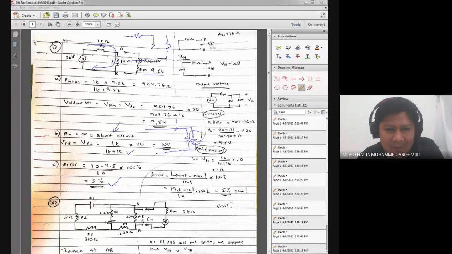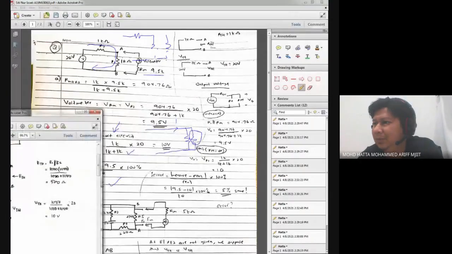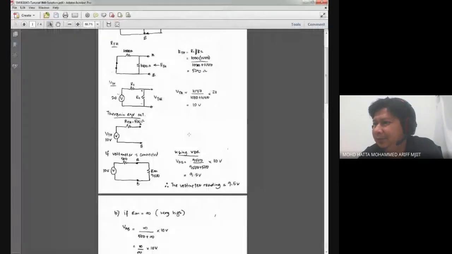Anyway, I think maybe for question number 2, another volunteer later on, because I really need to clear what Izati asked about. It's about finding the RTH.